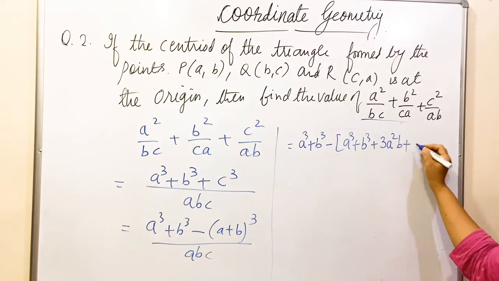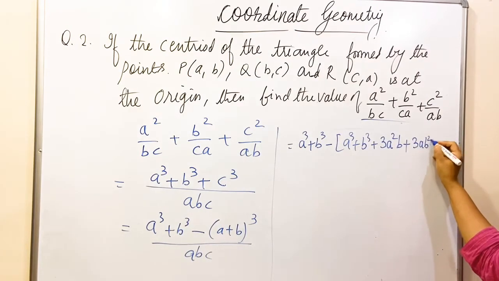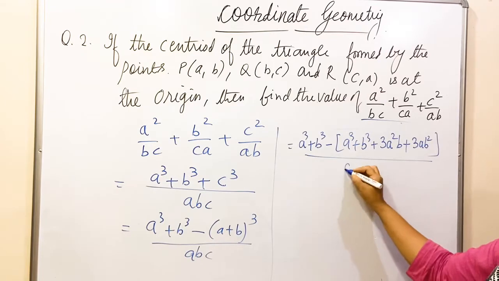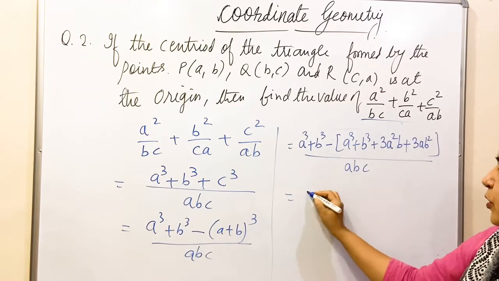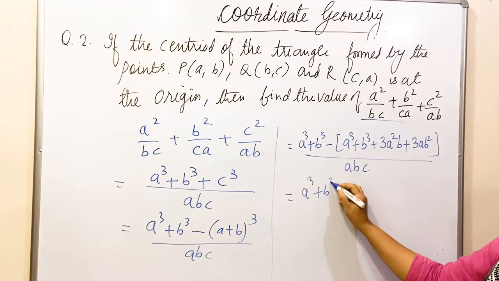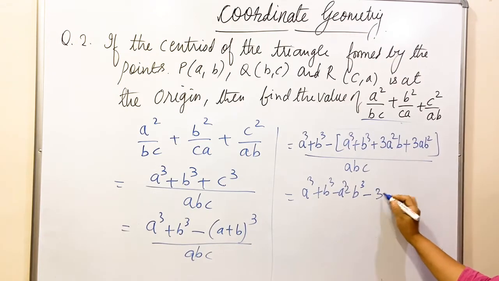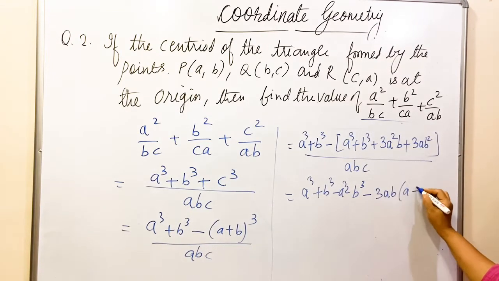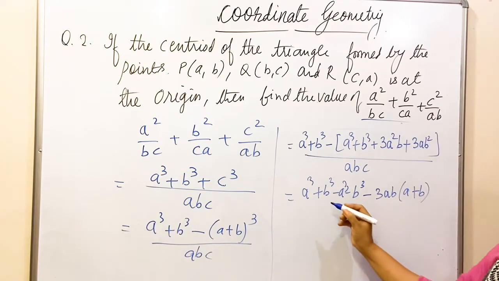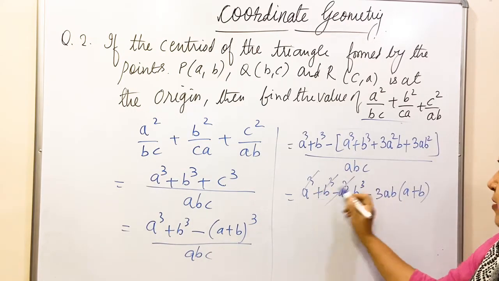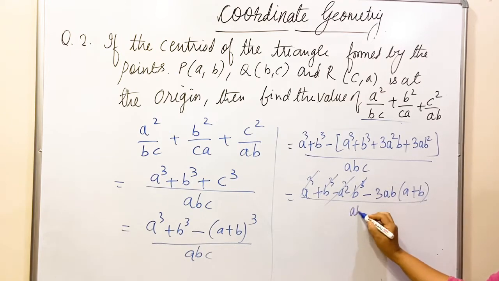3a square b, 3ab square upon ABC. So this is a cube plus b cube minus a cube minus b cube minus 3ab in bracket (a plus b), upon ABC.